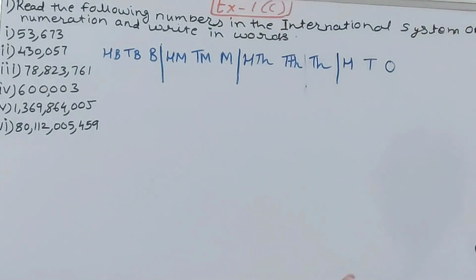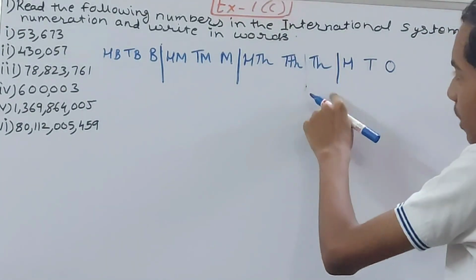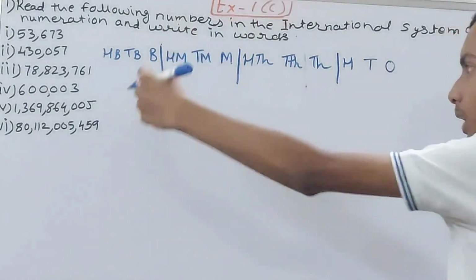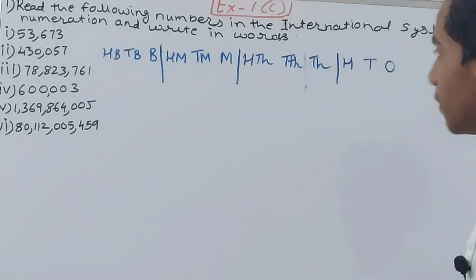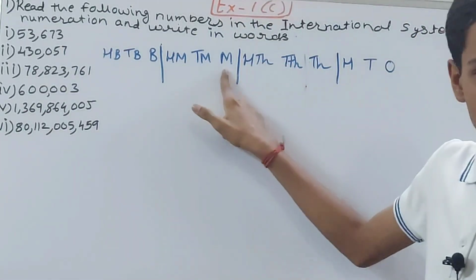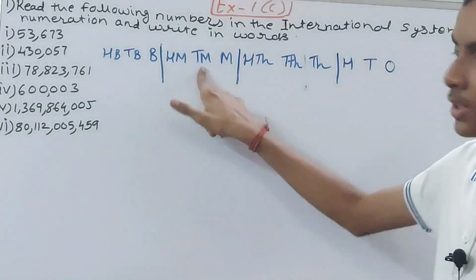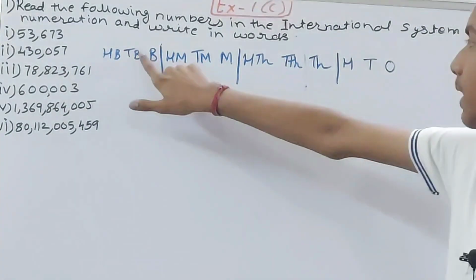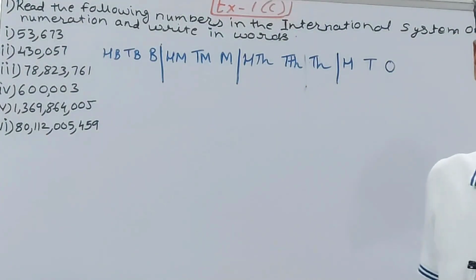Here it is changed. First three places, then a comma, then the next three places, and then the period ends, and then the next three places, and so on. So this is the simple way: ones, tens, hundreds, thousand, 10,000, 100,000s. M is for millions, TM means 10 millions, and HM is 100 millions, B for billions, then TB is 10 billion and then 100 billion.